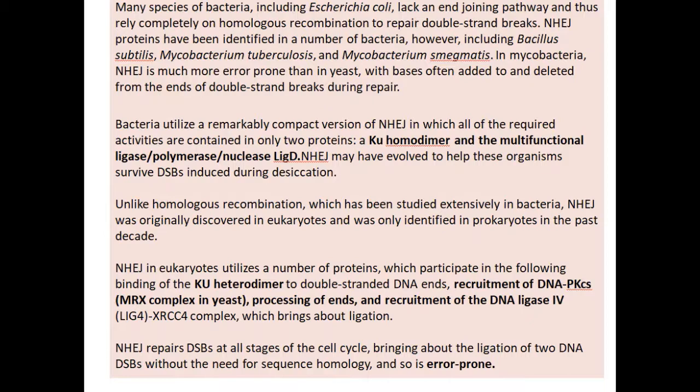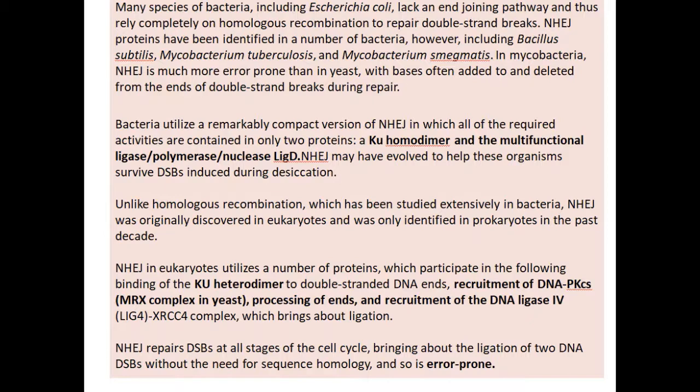In Mycobacteria, the non-homologous end joining is much more error-prone than in yeast. Bases are often added to as well as deleted from the ends of the double-stranded breaks during this repair, as I mentioned earlier about the end processing.